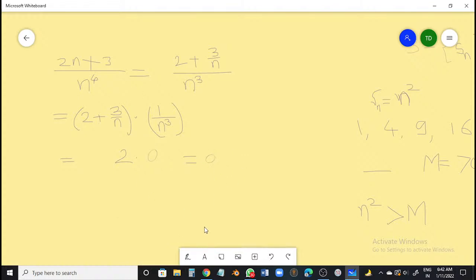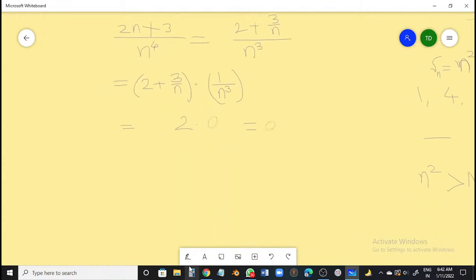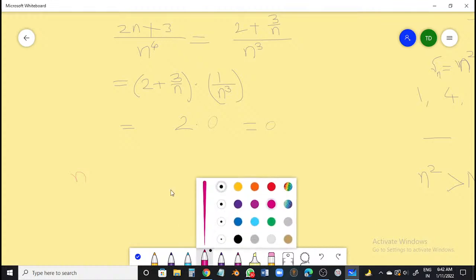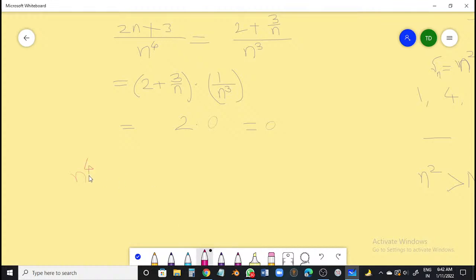Now, suppose you are given a sequence that is exactly the reciprocal of the same. n raised to 4 in the numerator, and the denominator contains 2n plus 3. In that case, what is going to happen?